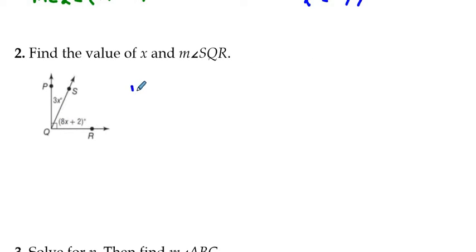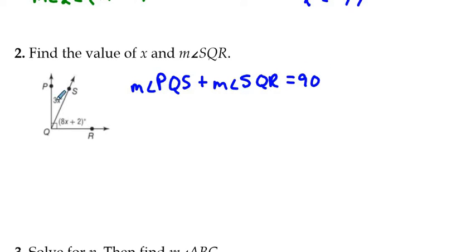So let's go, the measure of angle PQS plus the measure of angle SQR has to equal 90 degrees. The measure of angle PQS is 3x degrees. The measure of angle SQR is 8x plus 2 degrees.